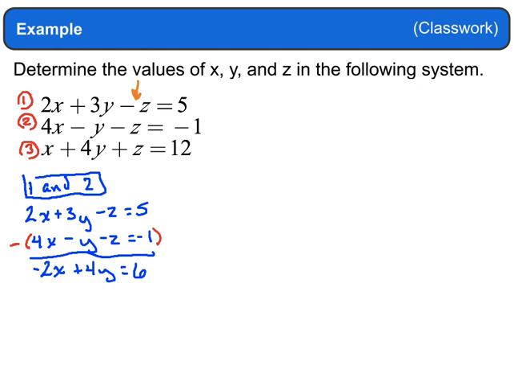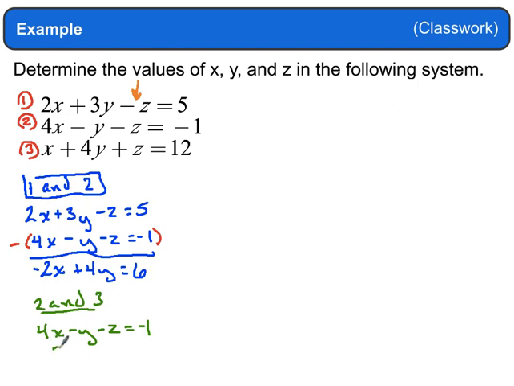So we're going to go through this process again, but this time we're going to combine equations numbers 2 and 3. So equation 2, which we already know, is 4x minus y minus z equals negative 1.